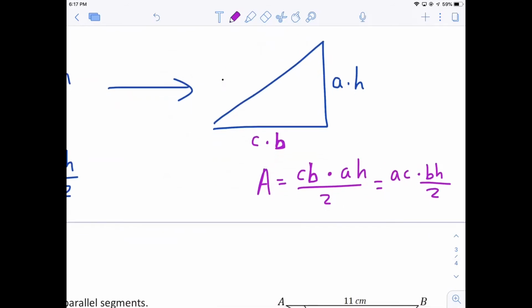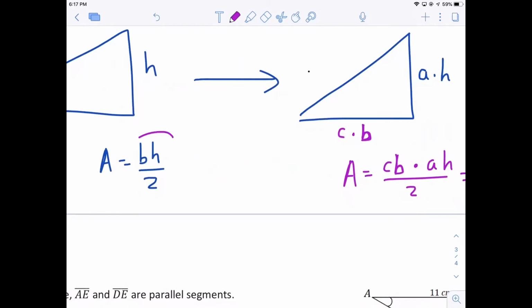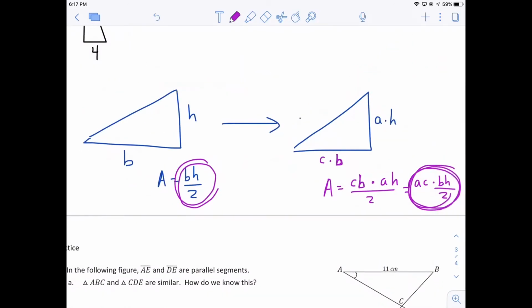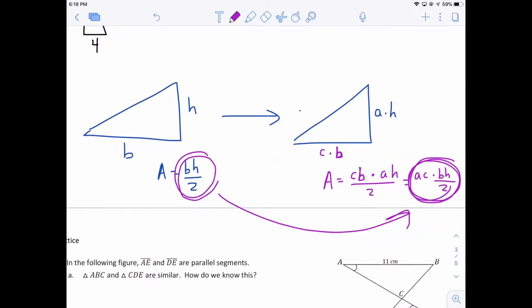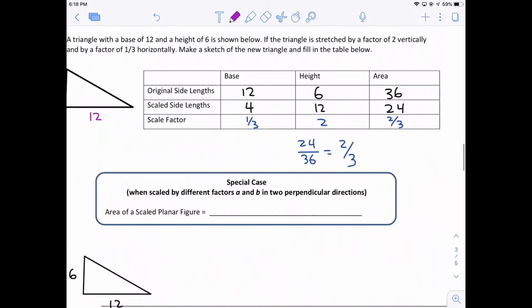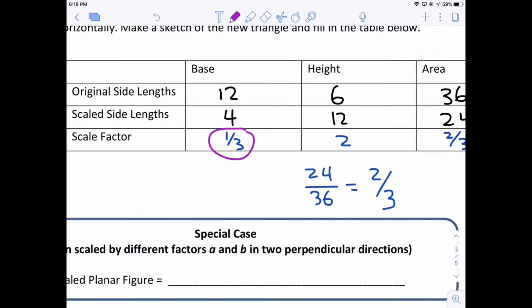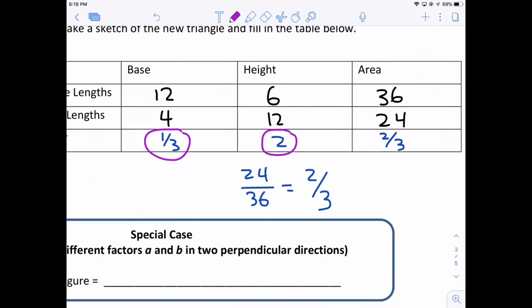So if you compare our new scaled area to our original area, the scale factor for the areas is a factor of AC, or our two scale factors. And that's exactly what we see here. When we scaled by a third in one direction and 2 in another direction, we had an overall area scale factor of 1/3 times 2, or 2/3.